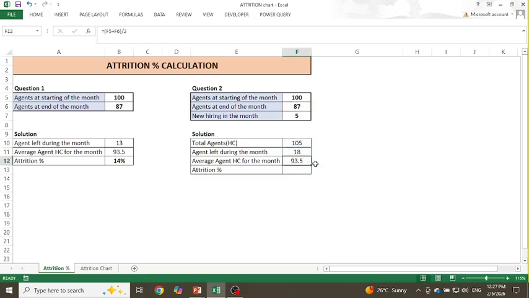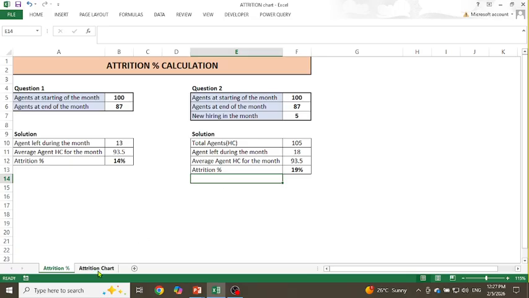So 18 people have left during this month. Equal to agents left during the month divided by average headcount for the month. So it is 19%. Okay.